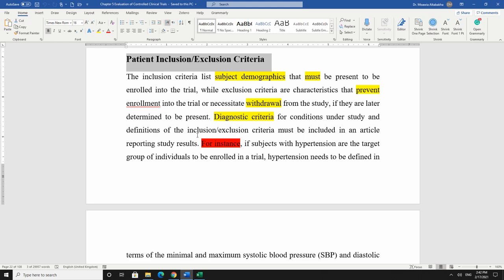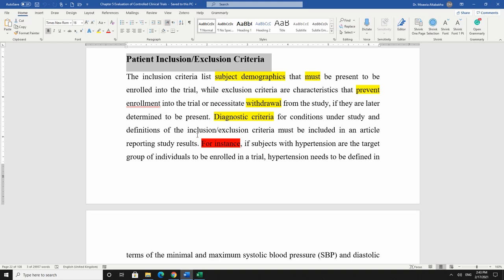So exclusion criteria are applied to the subjects that want to get into the trial, and if they met the inclusion criteria and the exclusion criteria were not there in them, and later on these exclusion criteria develop, then I have to withdraw them from the study.